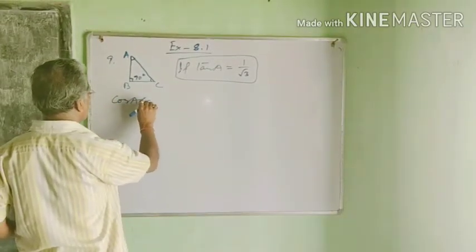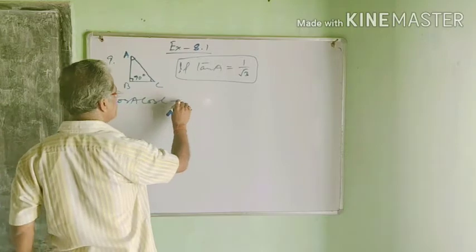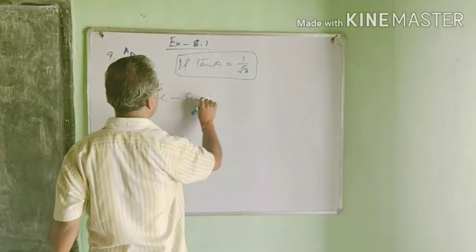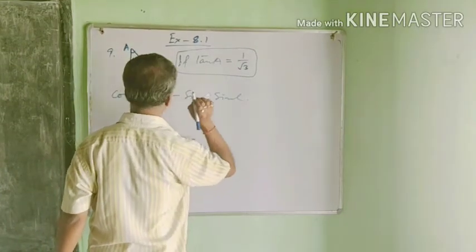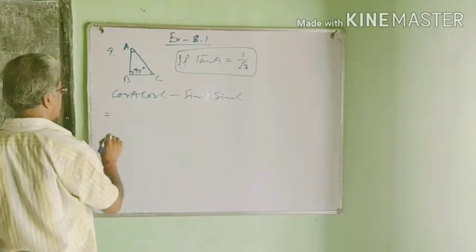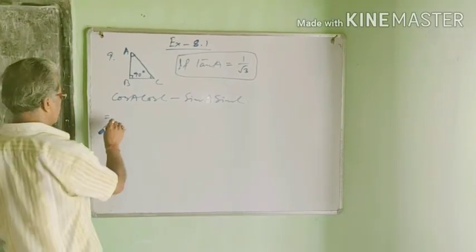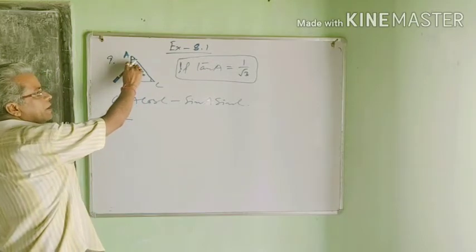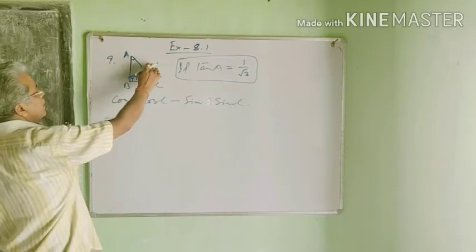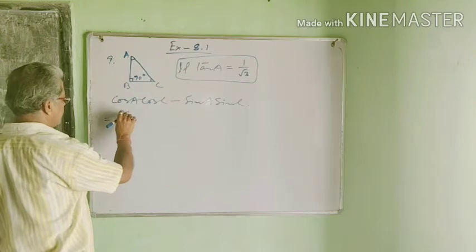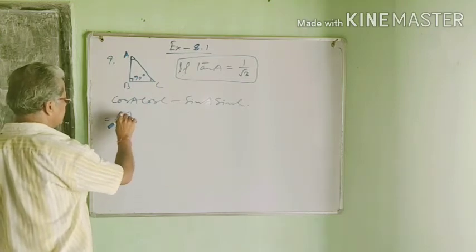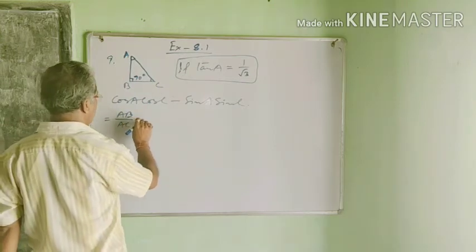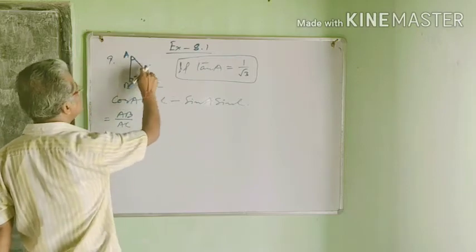Cos A cos C minus sin A sin C. Now cos A is base by hypotenuse, so AB by AC. Cos C, BC by AC.